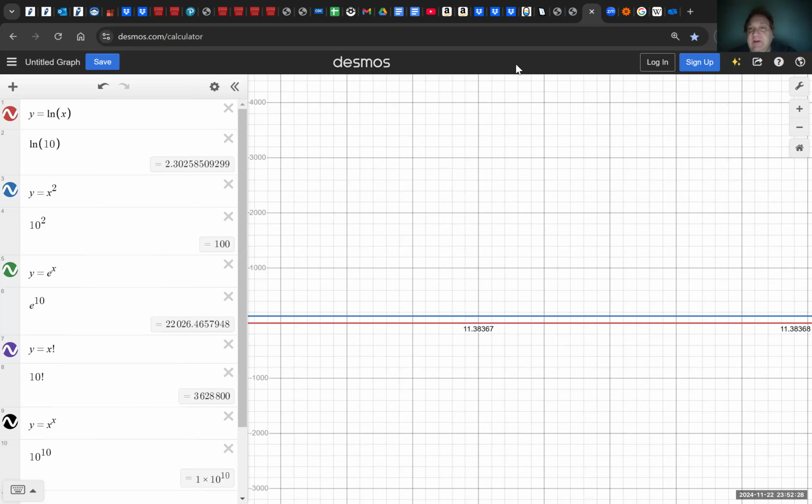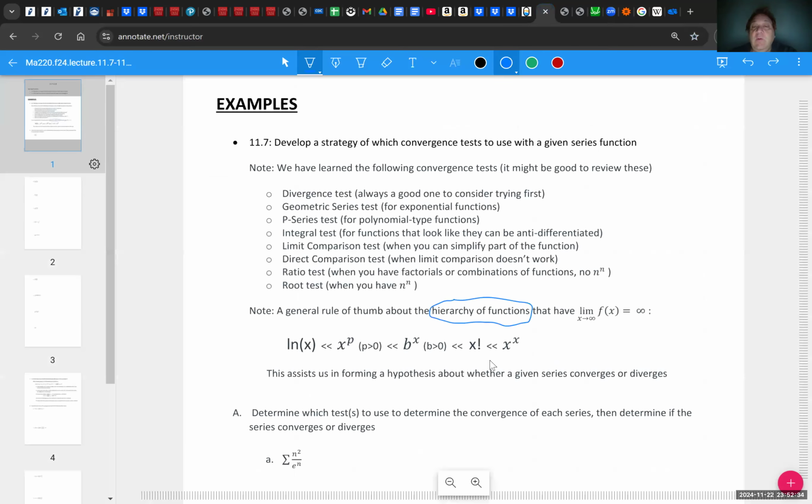Each function is substantially larger than the previous one. So why does that help us? Well, when we're doing a series test, it really helps to think about what kind of terms dominate other things. If I were to mix an exponential along with a polynomial, the exponential is so much bigger that the polynomial almost doesn't matter anymore.